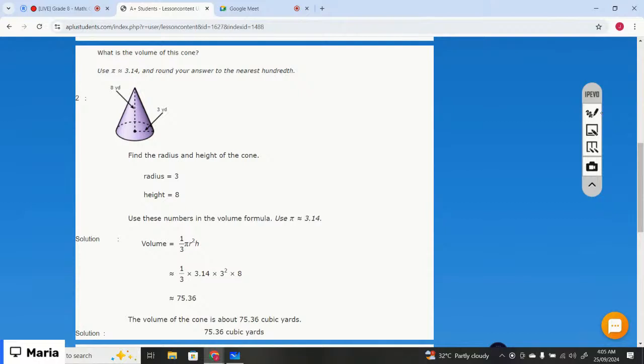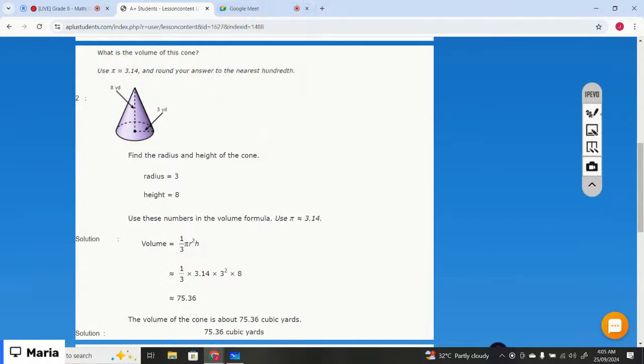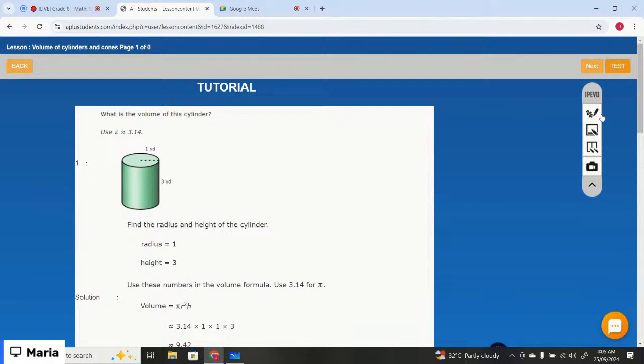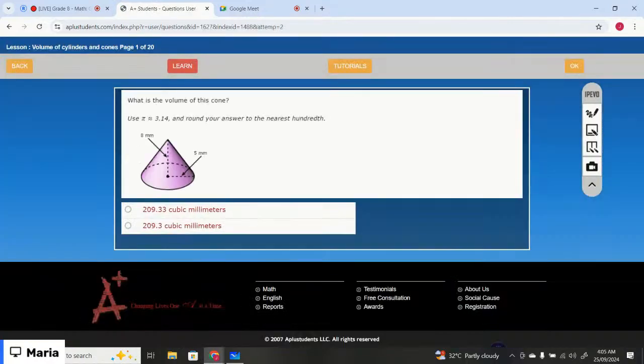So just replace the variable with the values, that is 75.36. Let's just start with the questions. What is the volume of the cone?